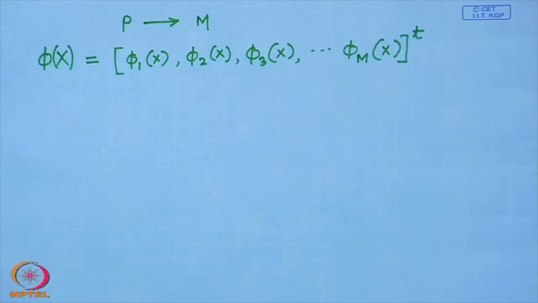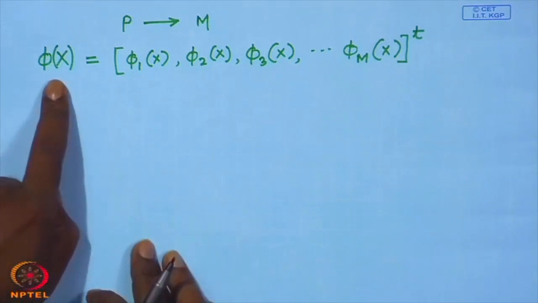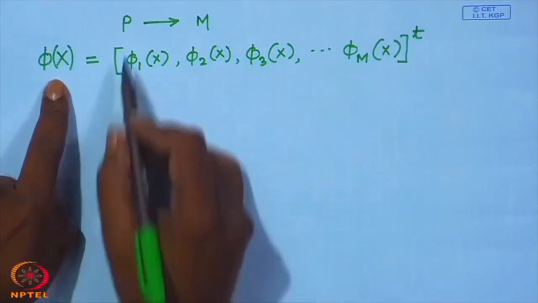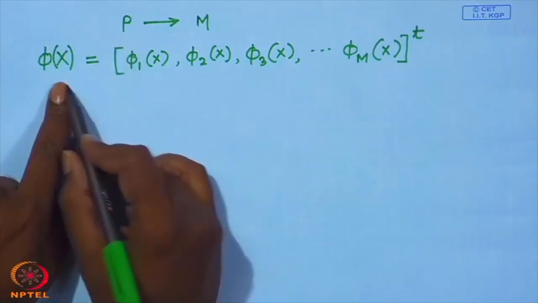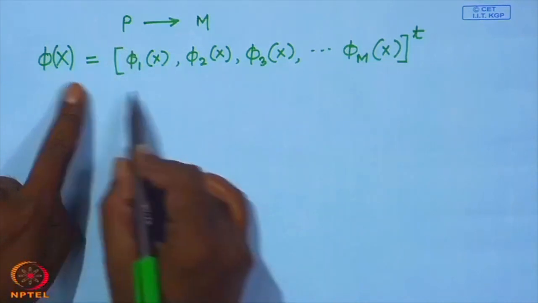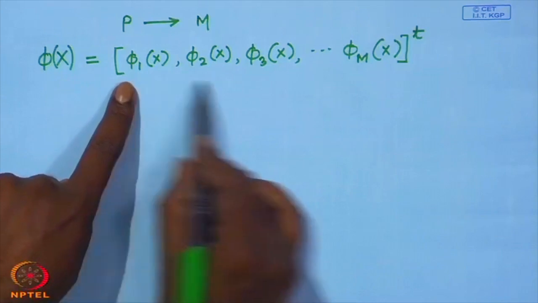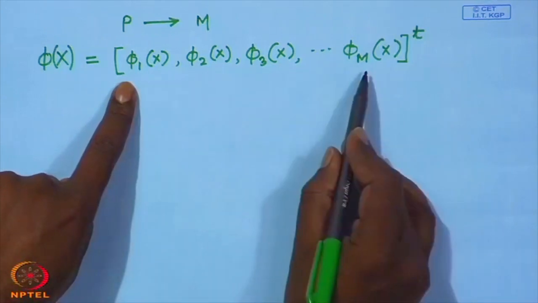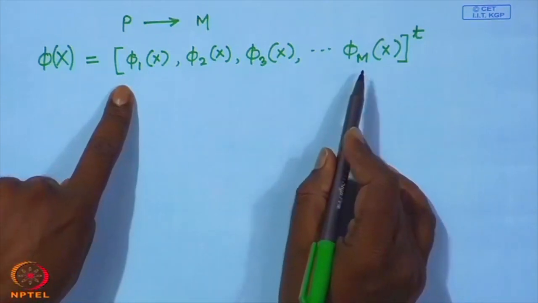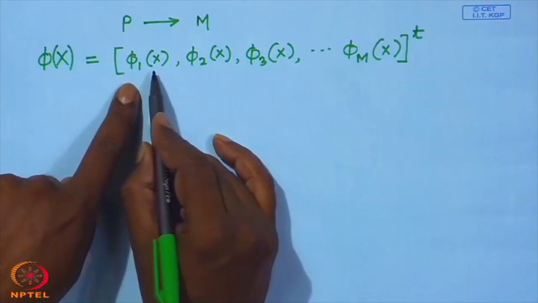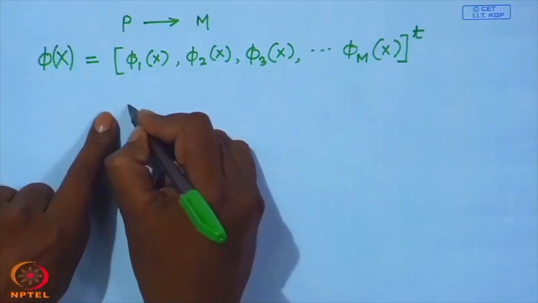If the original feature vector x is of dimension p, for each such feature vector x, I impose this set of m phi functions, and each of these phi functions produces a real value.